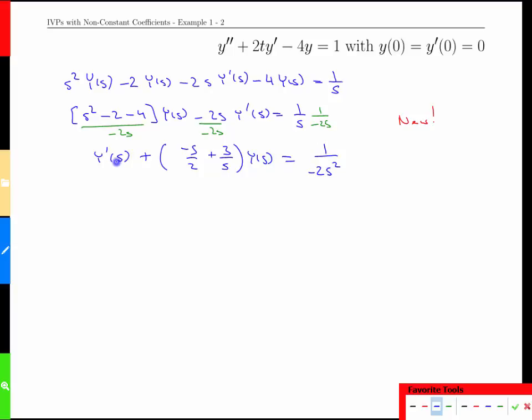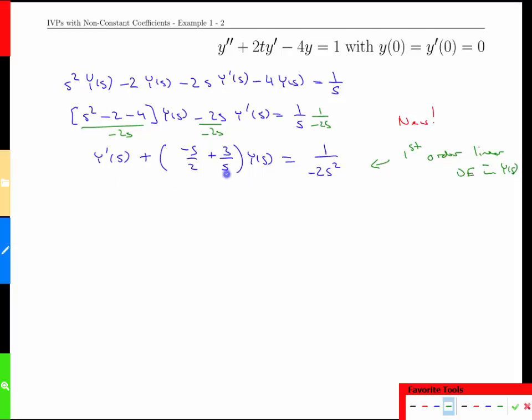Now this, aside from the fact that the variable is an s, should look familiar, because this is simply a first order linear differential equation in Y(s). Hey, we've solved these before. We've solved these using integrating factors.